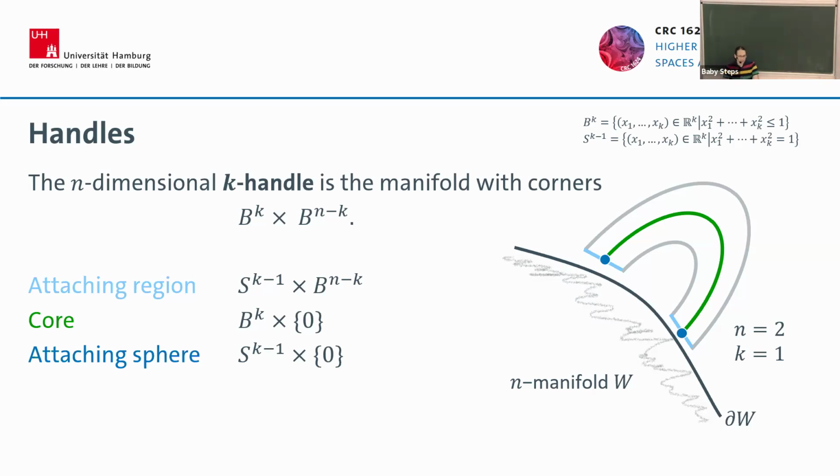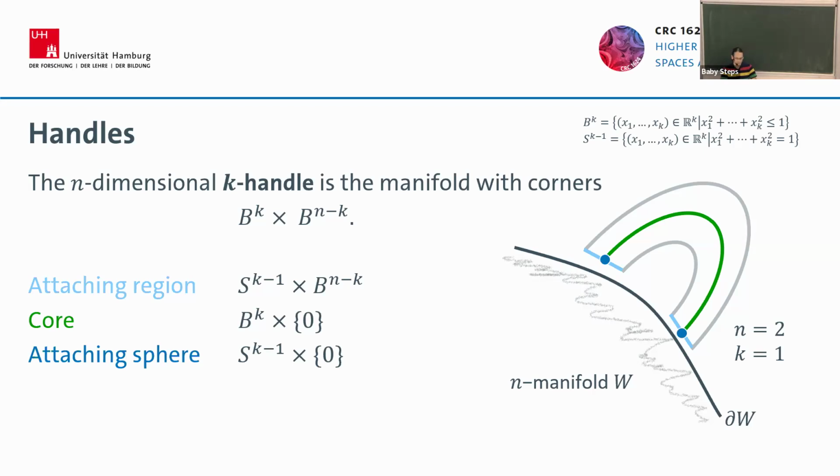Writing the handle as a product is useful because the boundary decomposes into two parts, blue and gray. The blue part, topologically here, is a k-1 sphere times an n-k-dimensional ball, and it's called the attaching region. Along this, we're supposed to glue the handle to the boundary of another n-manifold. The core, drawn in green, is the k-ball, taking the first factor times the distinguished point in the second factor.